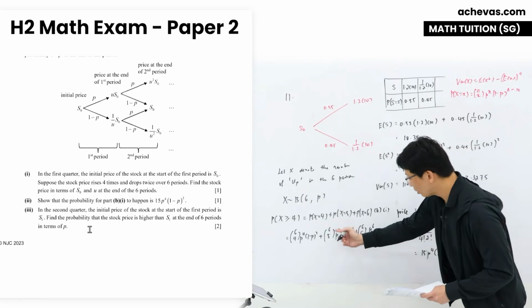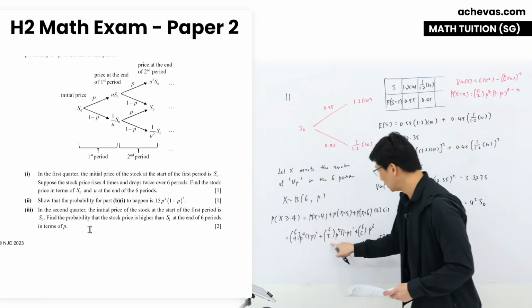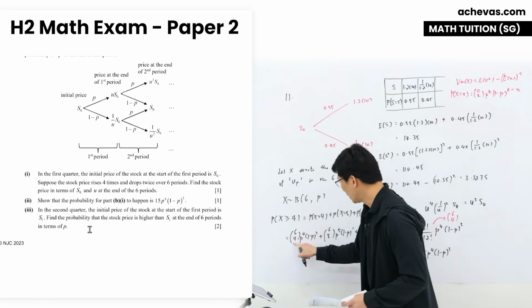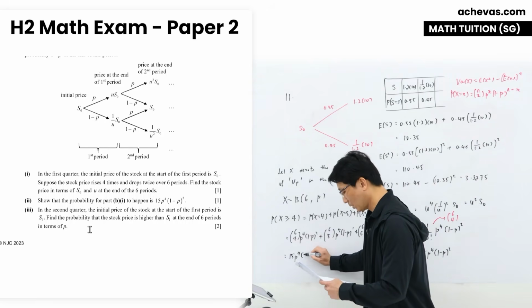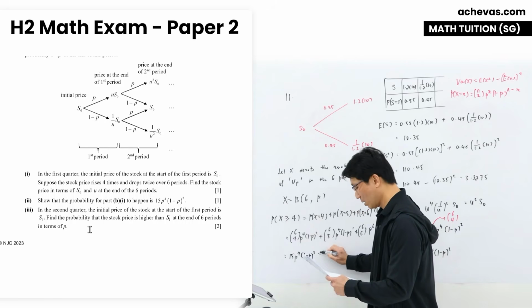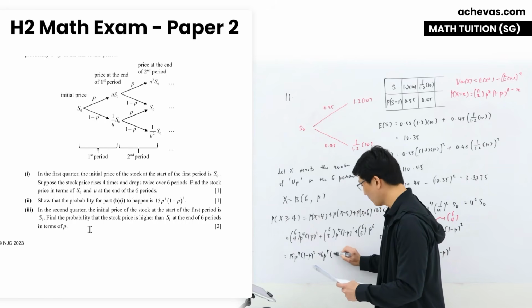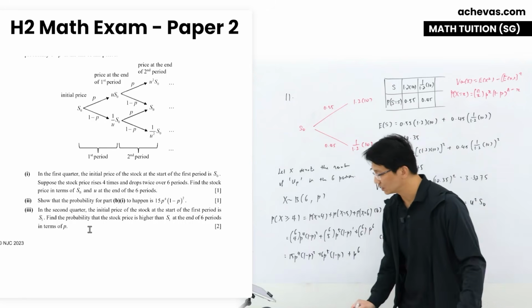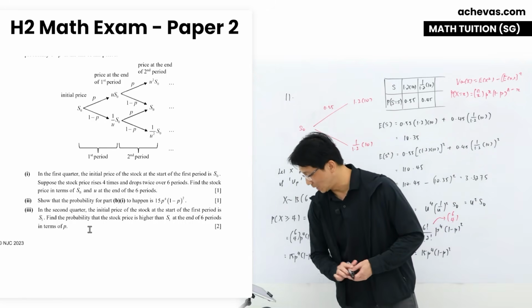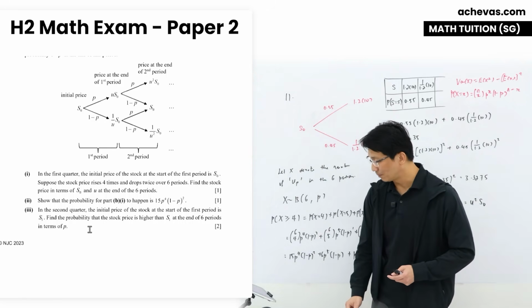If you compute everything using a calculator for these choose terms, you'll get 15p to the power of 4, 1 minus p squared, plus 6p to the power of 5, 1 minus p, plus p to the power of 6. So this will be the answer for part 3.